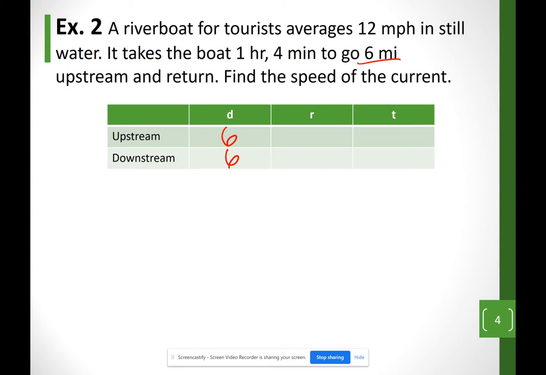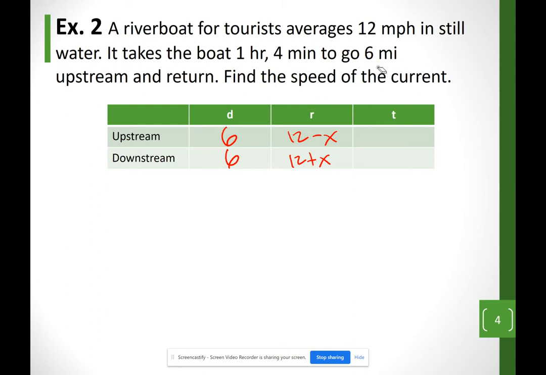I don't know how fast the current of the river is. I'm going to call it X because I don't know how fast it is. So upstream, I'm going at 12 minus X. Right, 12, how fast the boat is going, minus how much the current is pushing me back. Now downstream, this thing is going at 12 plus X because it's the 12 miles per hour plus the current.